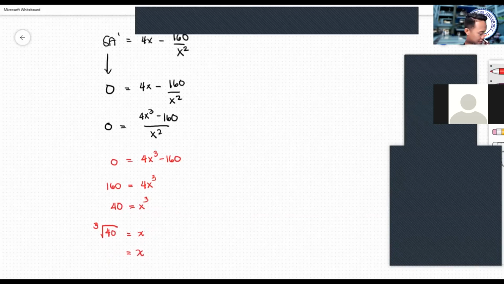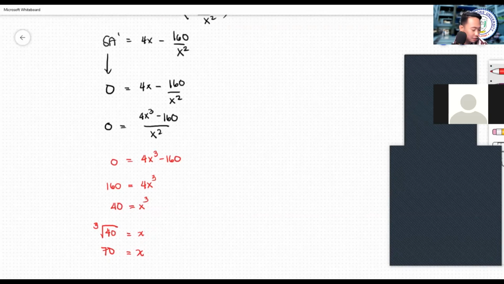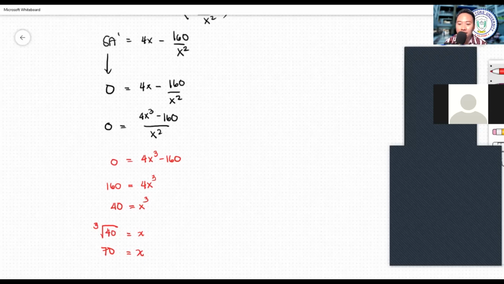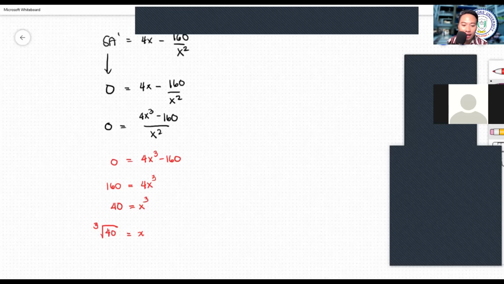How much is that? Let me check with the calculator. X equals cube root of 40, which is 3.42. Yes, 3.42.